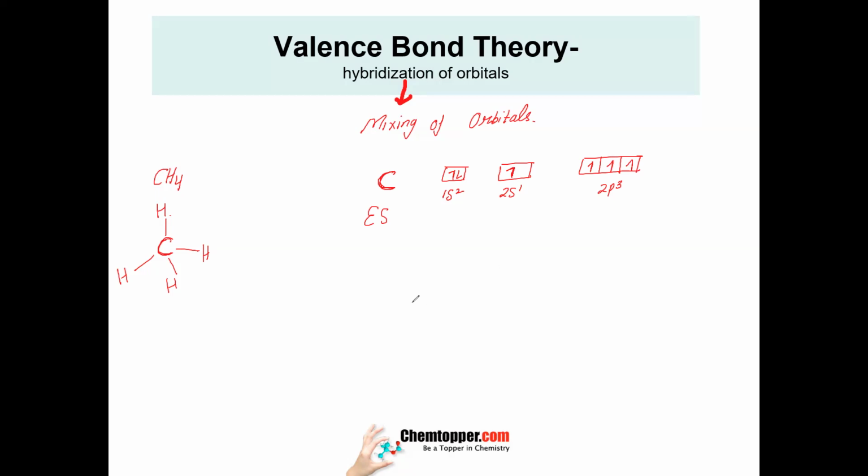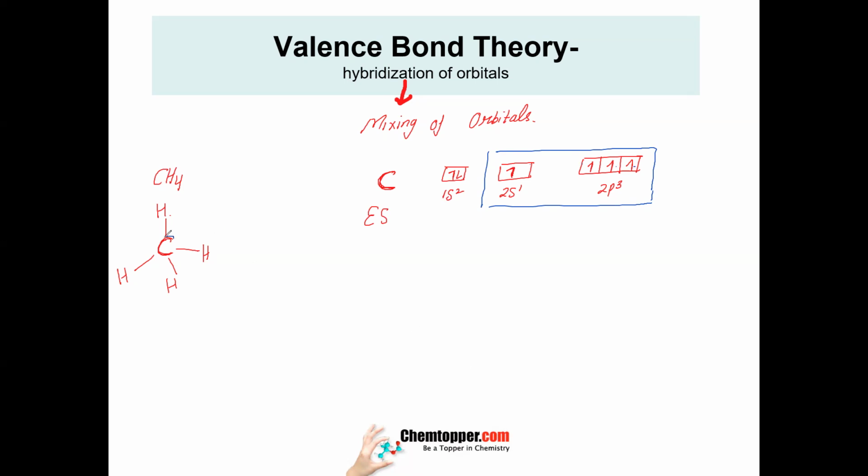Okay, now which orbitals will participate in bonding? Only the outermost shell, 2s and 2p, the way Sanjeev has said. How many are these? 1, 2, 3, 4.